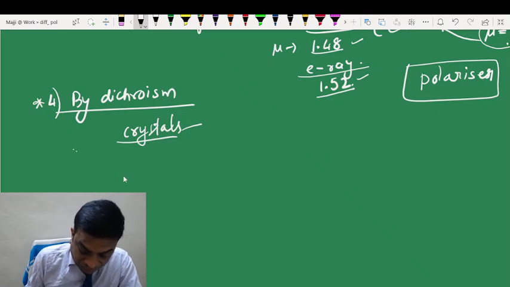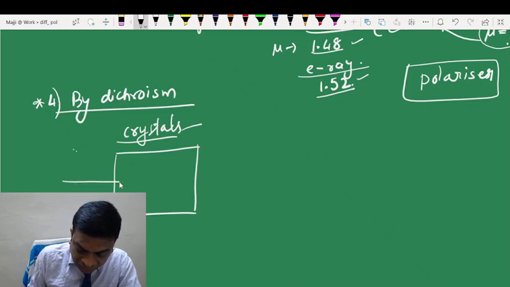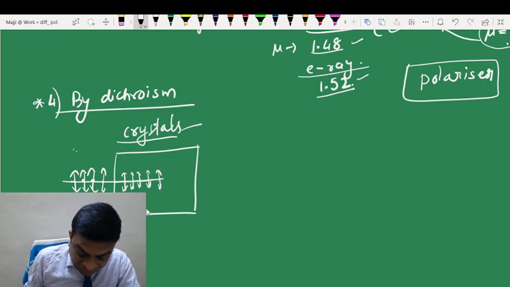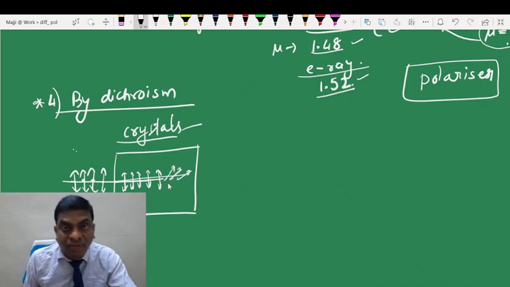So that means in certain cases, as soon as unpolarized light enters, immediately it splits up into two rays, one which carries the electric field components parallel to the plane of incidence, and the other totally different light ray which carries electric field components perpendicular to the plane of incidence.